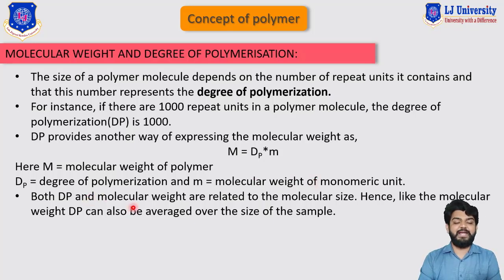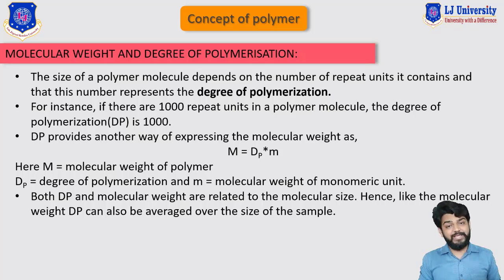Both dP and molecular weight are related to the molecular size. So the molecular size will ultimately be defined by the molecular weight and the degree of polymerization as well. Hence, like the molecular weight, dP can also be averaged over the size of the sample. So we can implement the number average concept on the degree of polymerization, right?